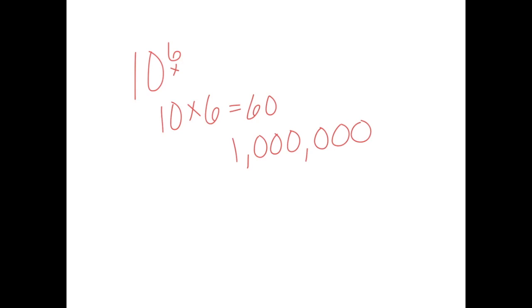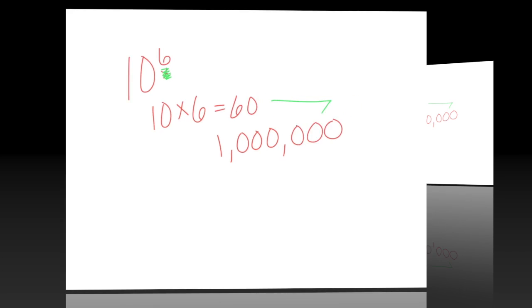I know that 10 times 6 would be 60. That's nowhere near the real answer of 1 million. These two numbers are very, very different. So be careful. Do not just try to multiply the base by the exponent. That will not give you an accurate answer.